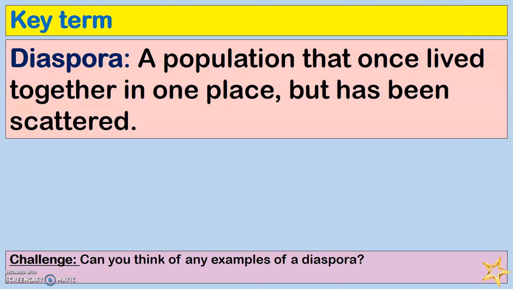So in the case of Jewish people that we are going to look at, they all came originally from one place but have then been scattered and continued to multiply as time has gone on. So it doesn't mean that they are from that area now. If they were born in an area, then they're from that area. But once upon a time, that population lived together in one place.